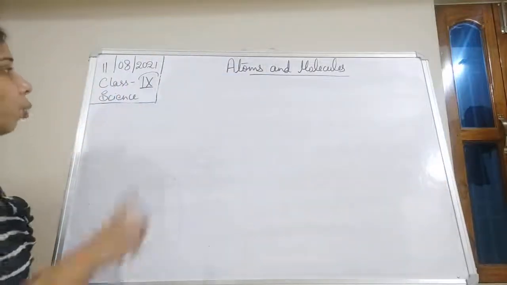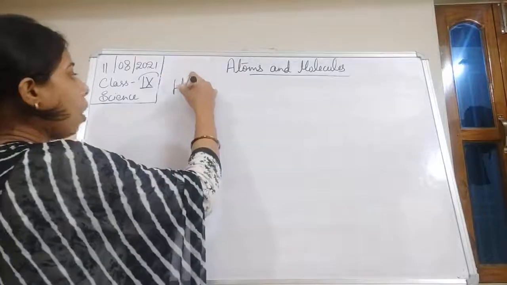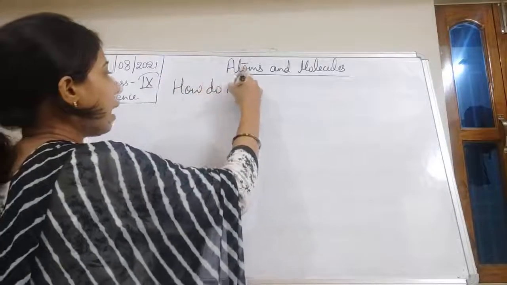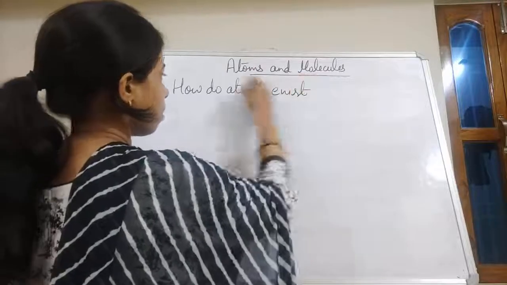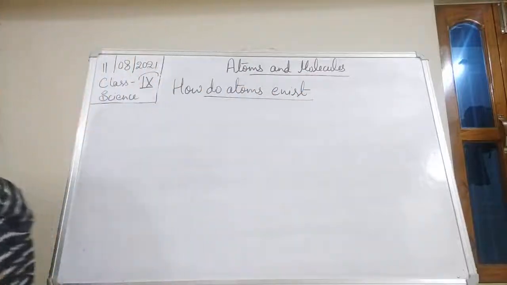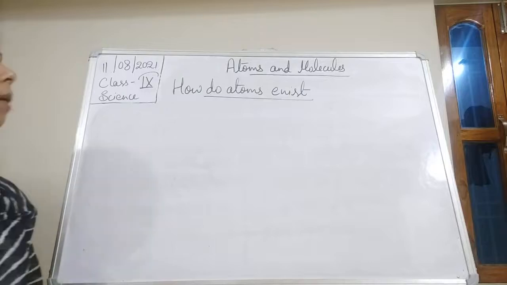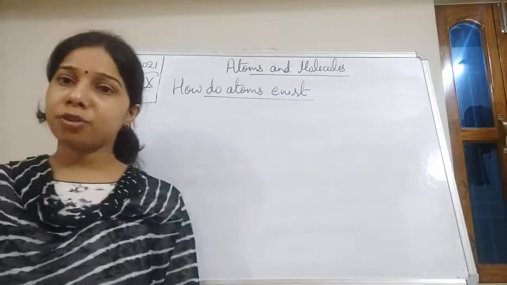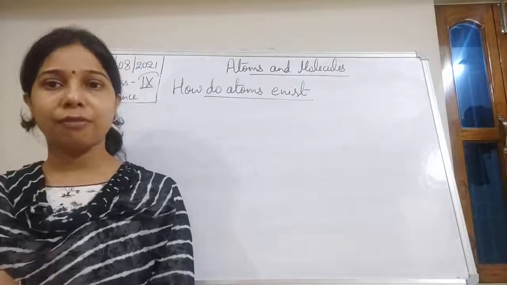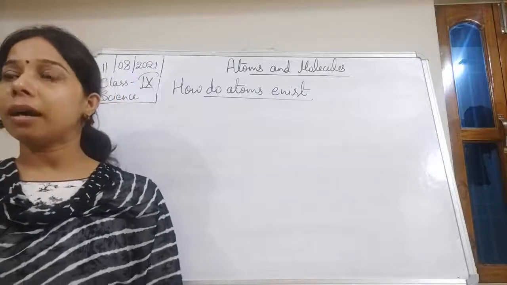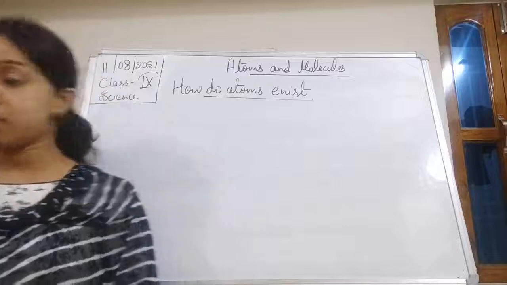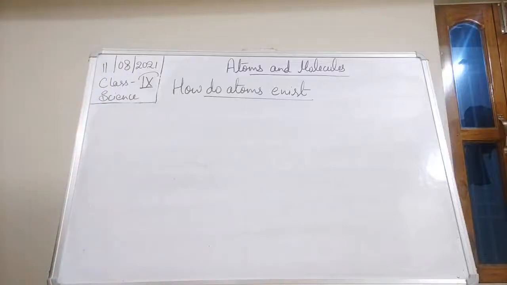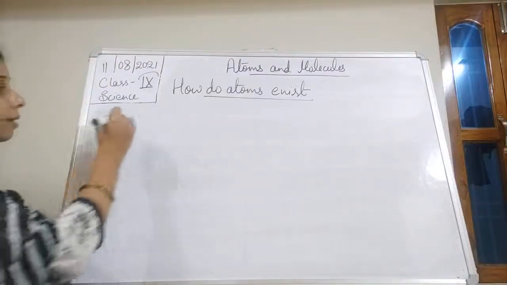So now the question is, how do atoms exist? Generally atoms never exist in a free form, but they combine together to form molecules or they form ions. So they exist in two ways.